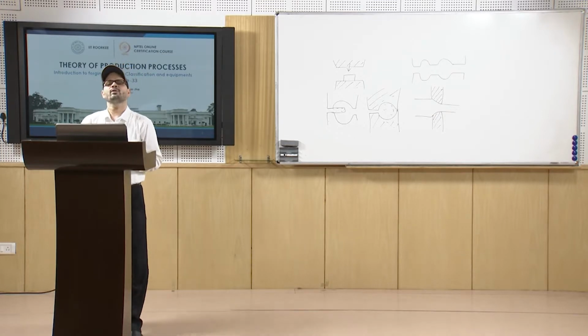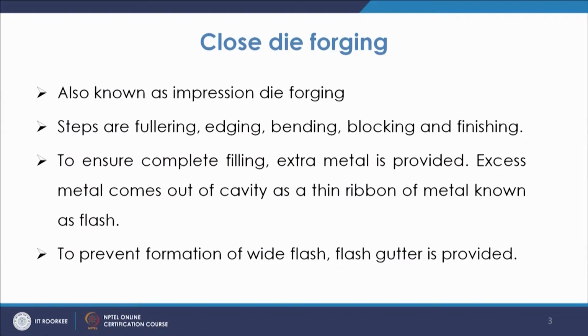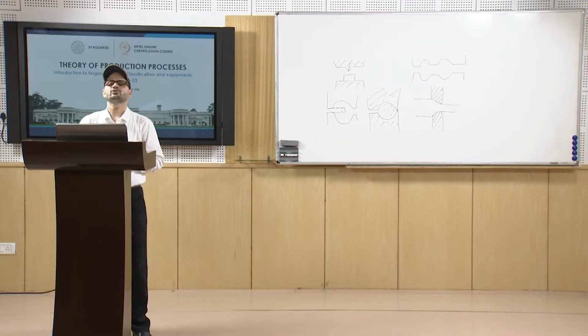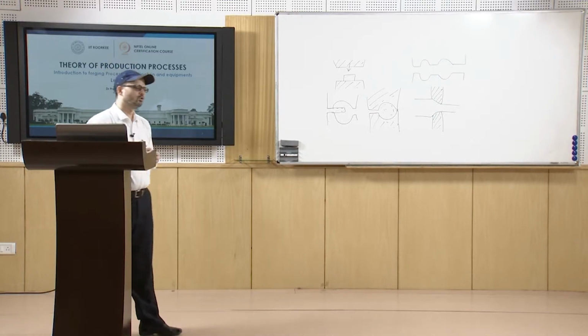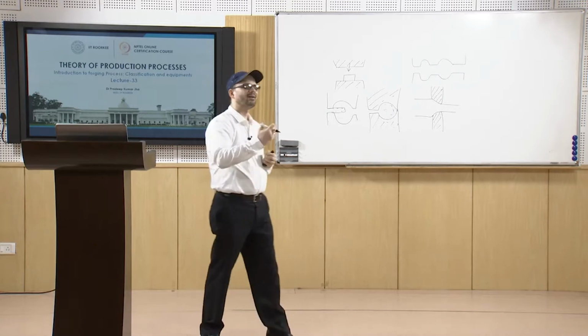It is also known as impression die forging. The steps are first fullering, then edging, then bending, blocking, and then finishing. This way you go towards the final product.